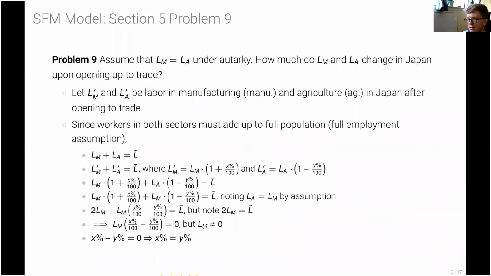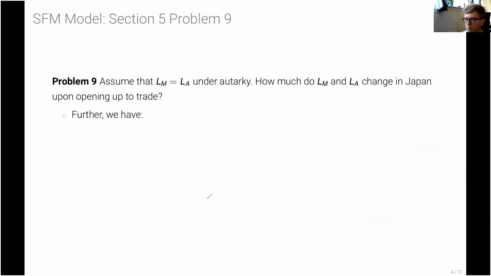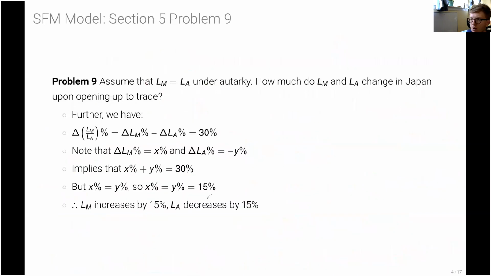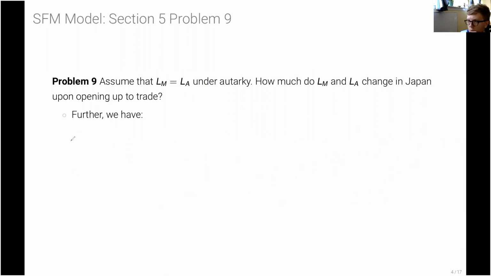And so the slides tell me exactly what I have on the board: the amount that X is changing has to be equal to the amount that Y is changing. Okay, so now we know that, and this is from last time, we know the amount that LM over LA is changing.